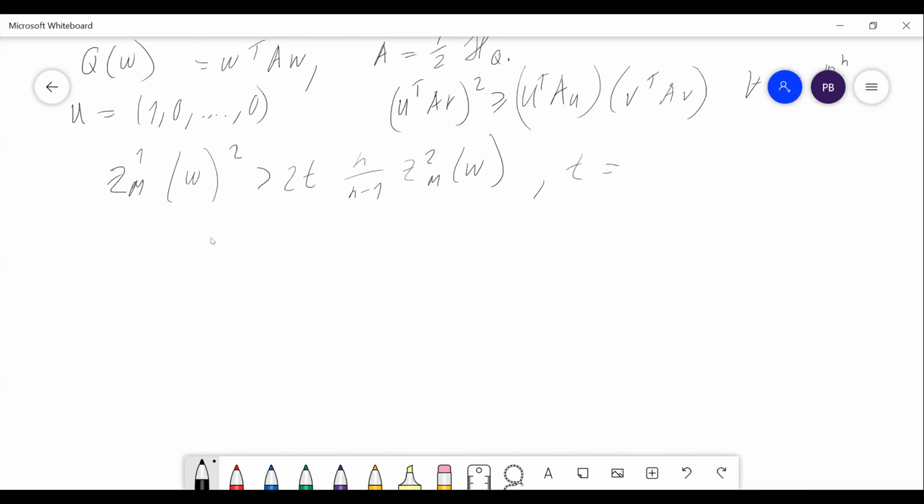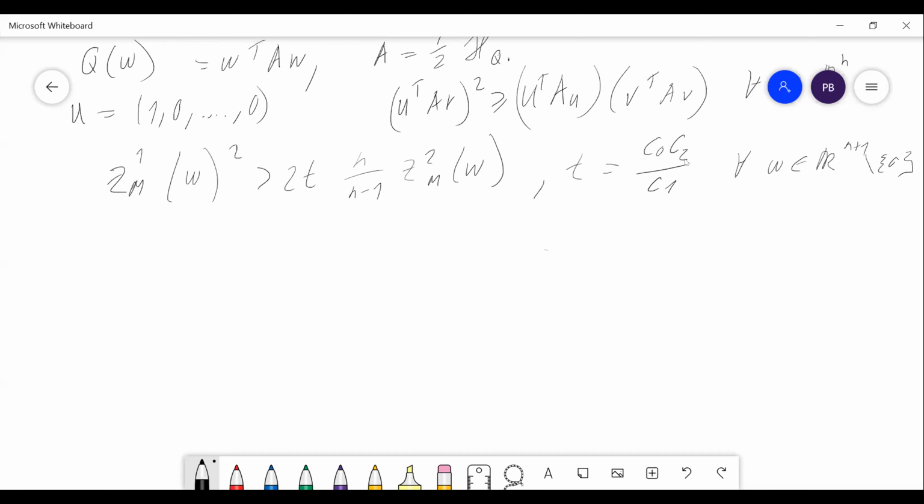Whereby T we will denote the following constant, just to not carry it with us all the time. It is to be proved for any W belonging to R and so on.